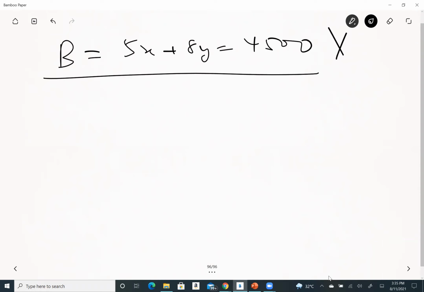You don't say B equals 5x plus 8x equals 4,500. That is wrong, this is not what you want. What do we want?